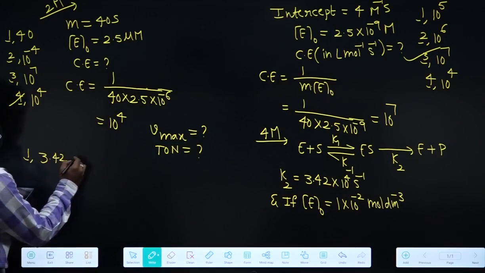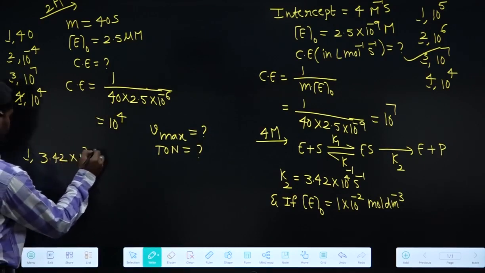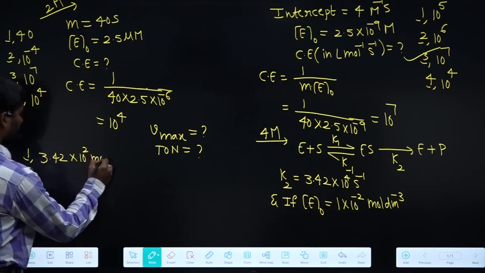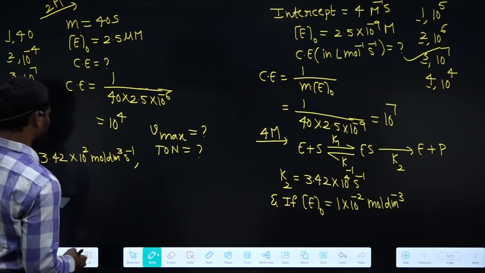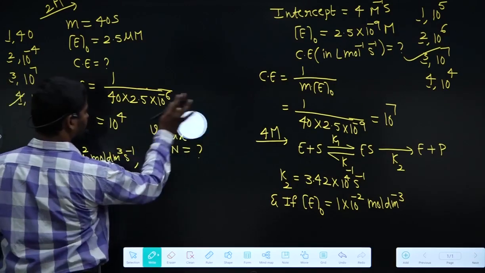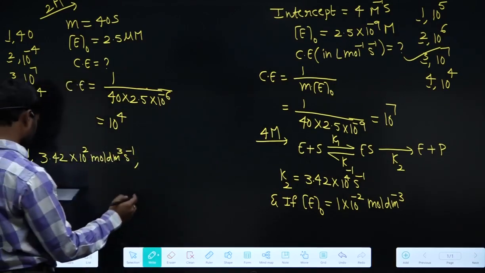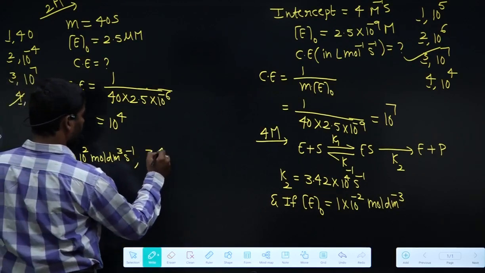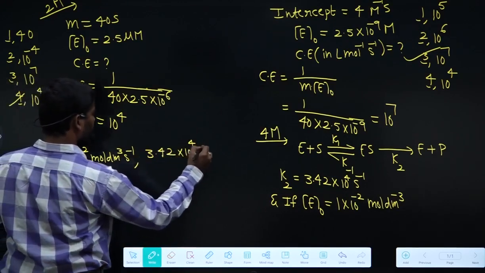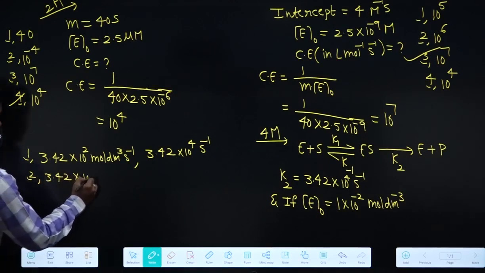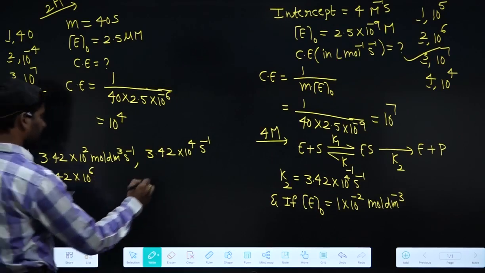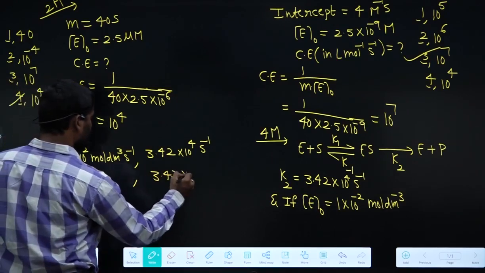3.42 into 10 power 2 moles per decimeter cube second inverse, comma, okay, Vmax and turnover number we have to calculate, 3.42 into 10 power 4 second inverse. Option 2, 3.42 into 10 power 6, same units, 3.42 into 10 power 4.